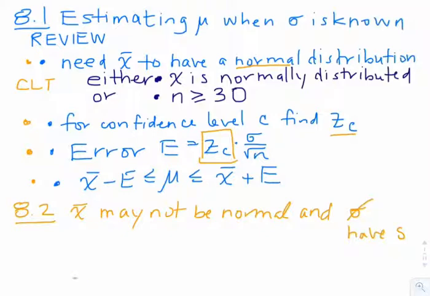So our normal distribution is symmetrical, mound-shaped, and it tapers off. It's centered at the mean.